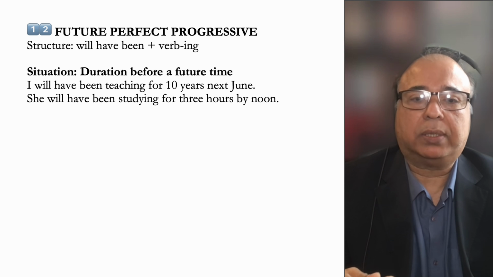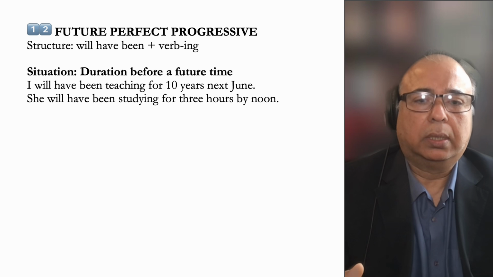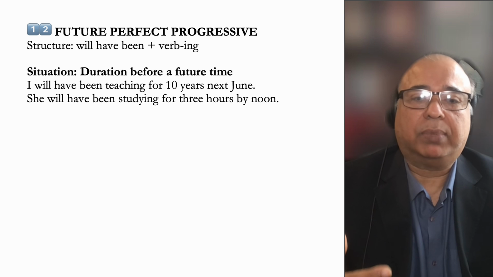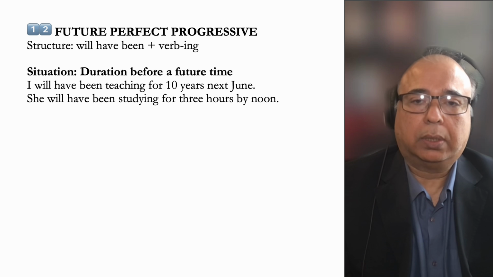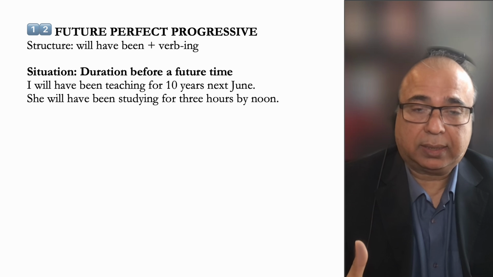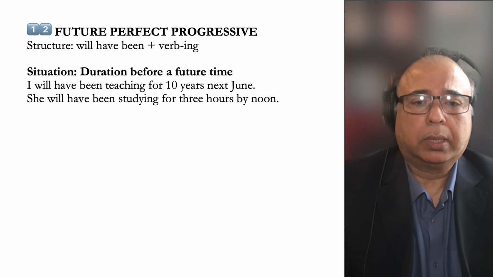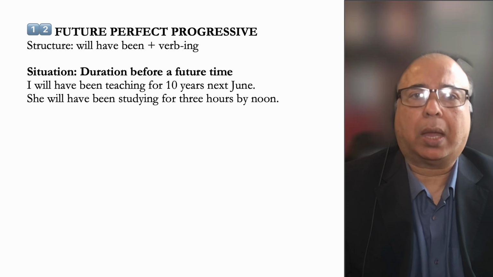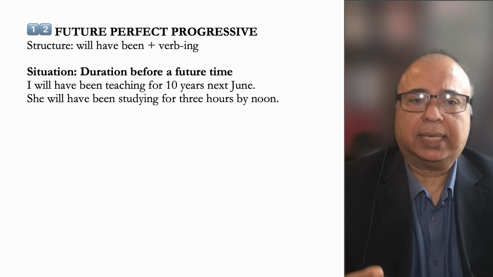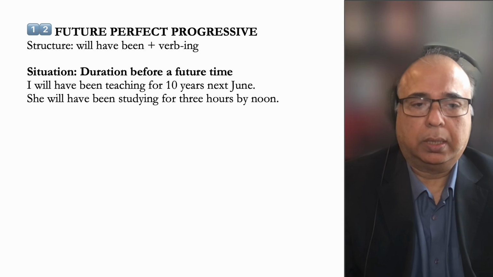I will have been teaching for 10 years next June. For me, a fact is different. I will have been teaching for 38 years next June. She will have been studying for 3 hours by noon. So that is future perfect progressive. Will have been doing. Okay?